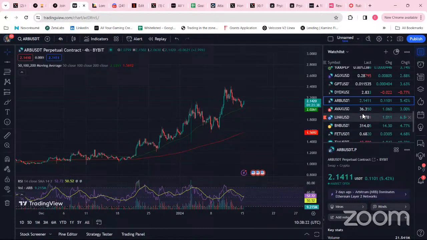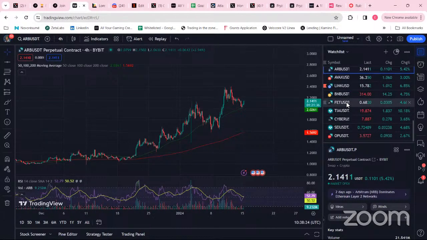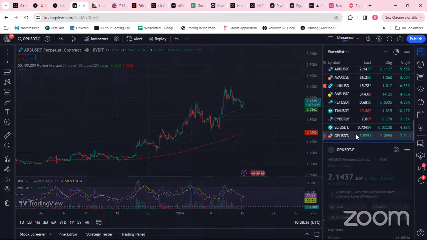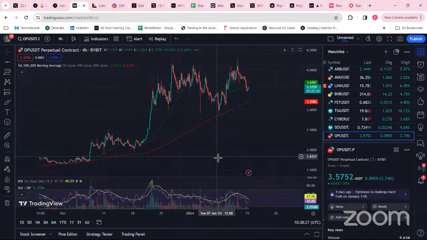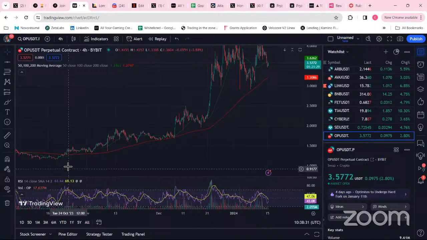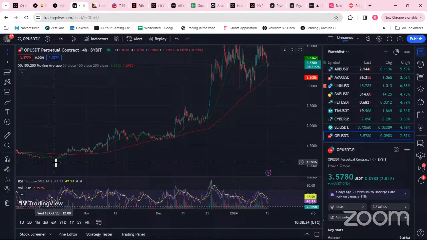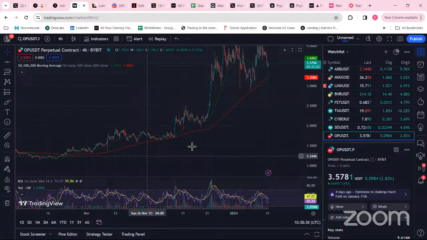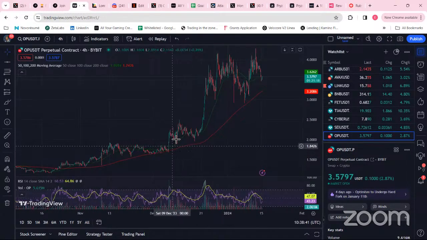We saw OP have this kind of growth. As at October, OP was somewhere around $1.17. And you saw how it kept growing and kept growing.